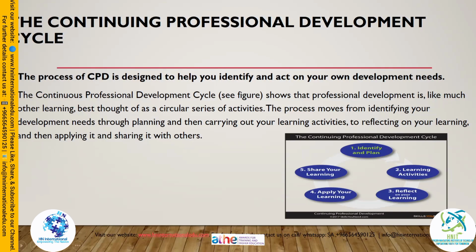For example, first of all, you should identify your plan. What is your plan? What are you going to achieve in a specific period of time? The next one is learning activities. In order to accomplish this plan, which of the activities will prove beneficial? After learning those activities, you will move toward reflecting on your learning.